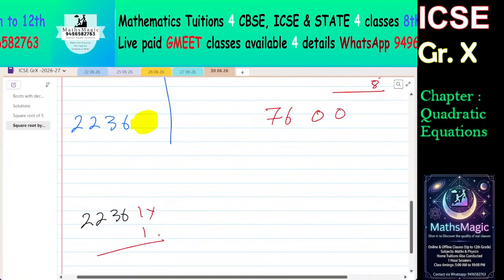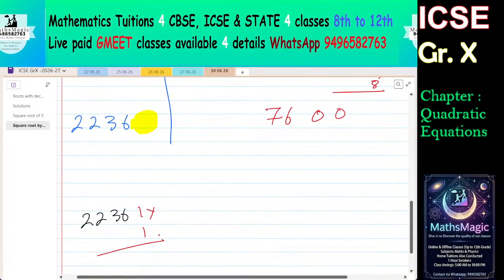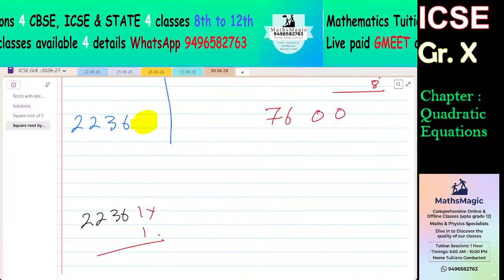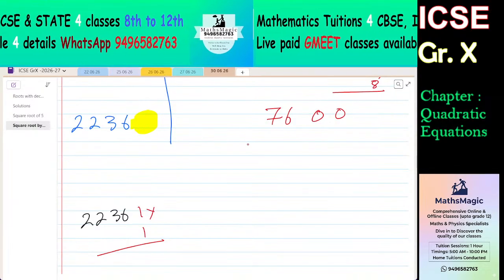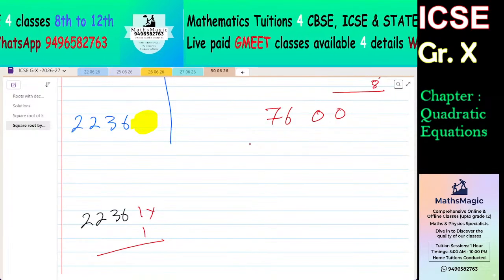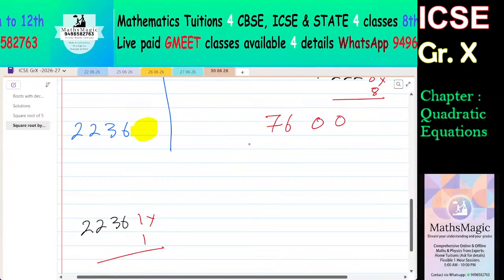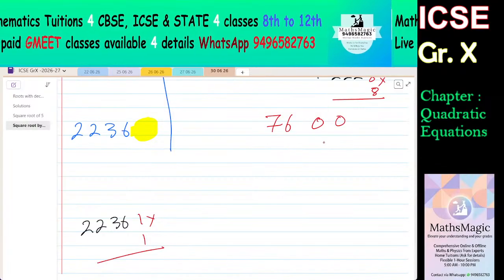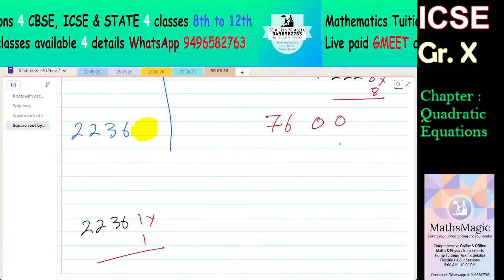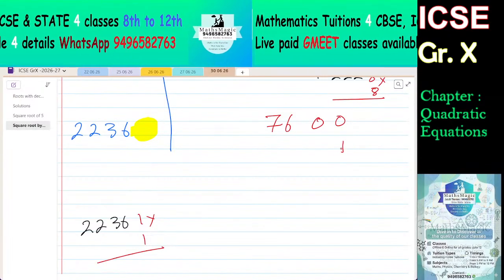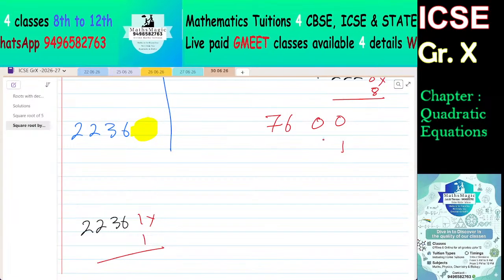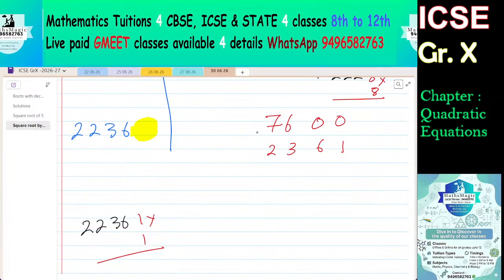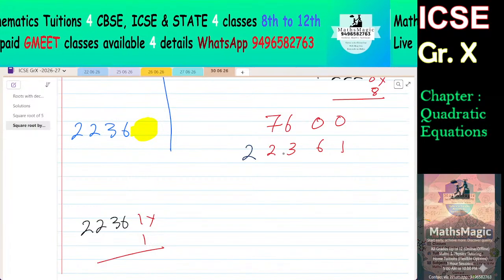Or 2 or 3, whatever you like. But it should not go beyond 7, 6, 0. So you're left with no other option. See, if you write 1, you will get the digits as 1, 6, 3, 2, and see, it's greater than this thing.